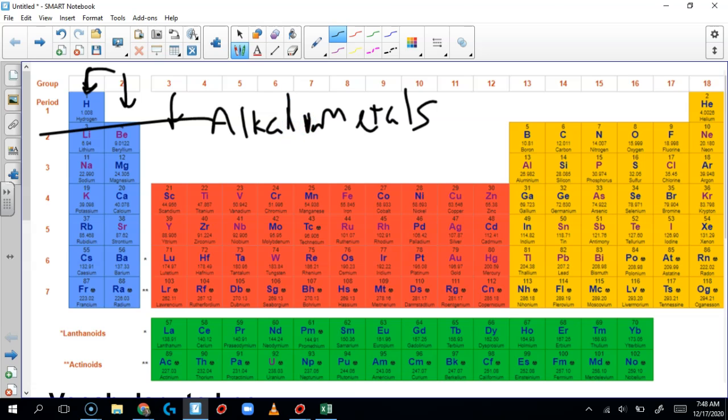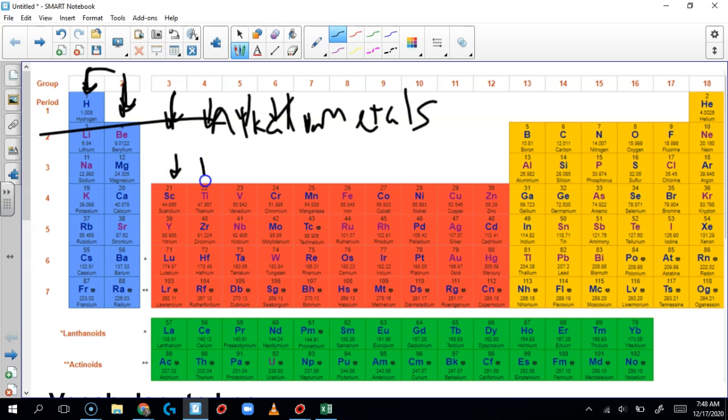The only difference between groups and families is that for groups, all the columns are numbered. Not every single one of the columns has a family name. Many of them do, but a lot of them don't.